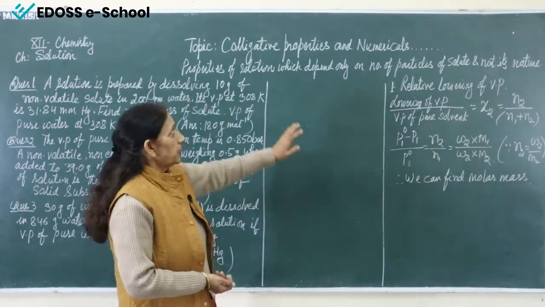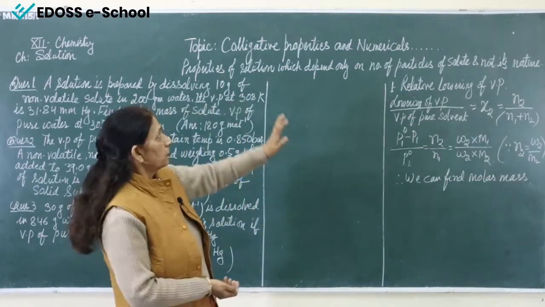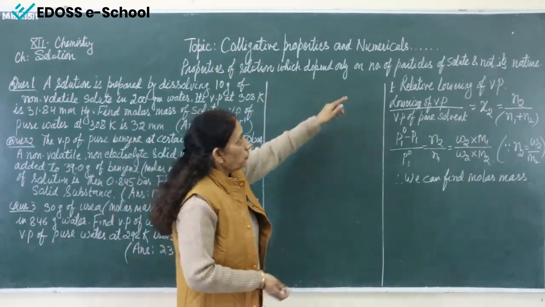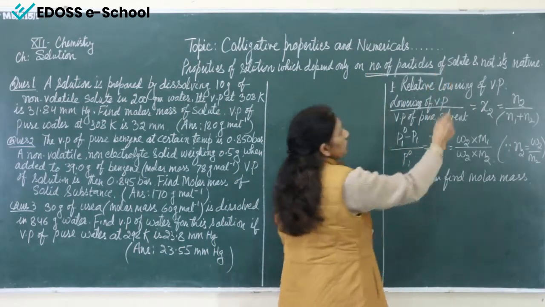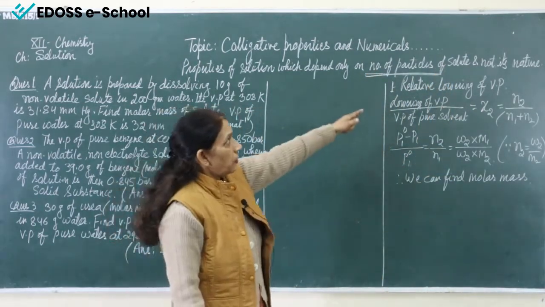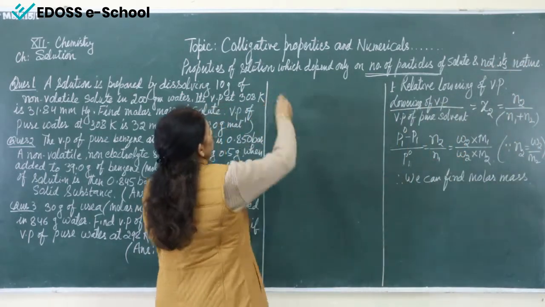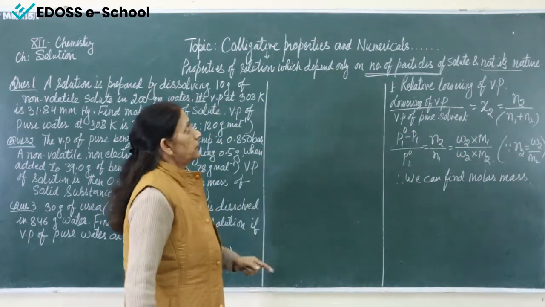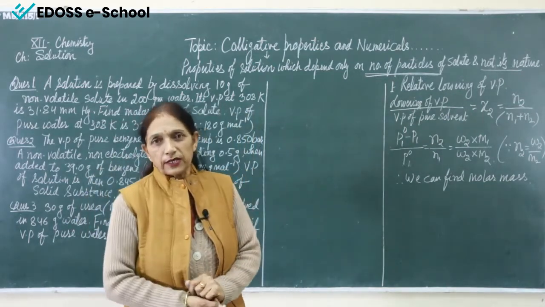Such properties are known as colligative properties. Today we will attempt different types of colligative properties and the numericals based on them.